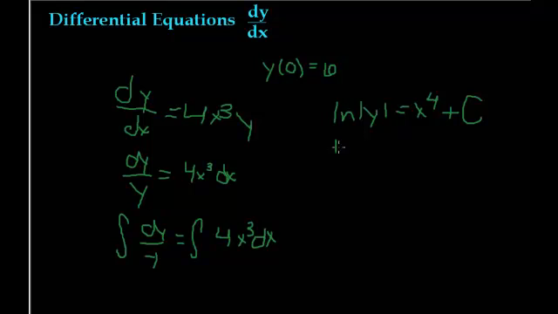So then you have ln absolute value of 6 is equal to 0 to the 4th power plus c. And since 0 to the 4th power is 0, you just get the answer of c is equal to ln of the absolute value of 6.